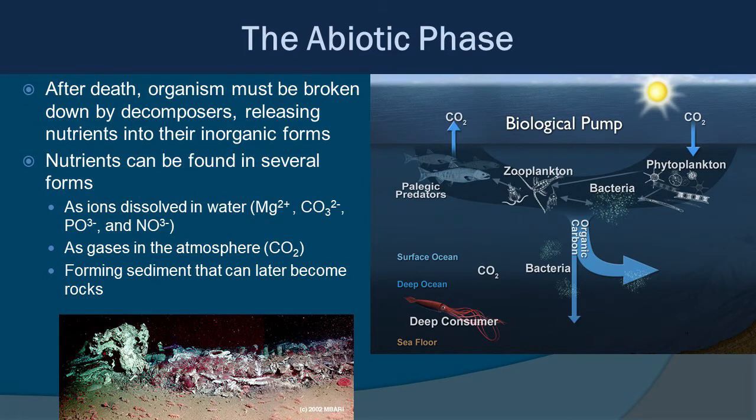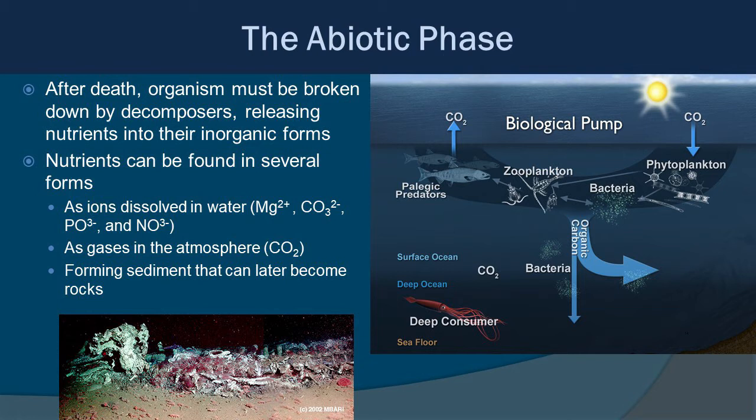Now we're going to switch over to the abiotic phase of nutrient cycles. After animals die, organisms are going to be broken down by decomposers, and that's going to release nutrients in their inorganic forms. Now, nutrients can be found in several forms: as ions dissolved in water, like magnesium, carbonate, phosphate, and nitrate; as gases in the atmosphere, like carbon dioxide; and they can also form sediments that can later become rocks.